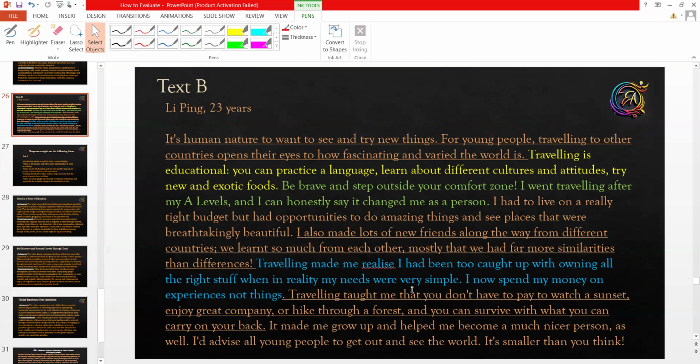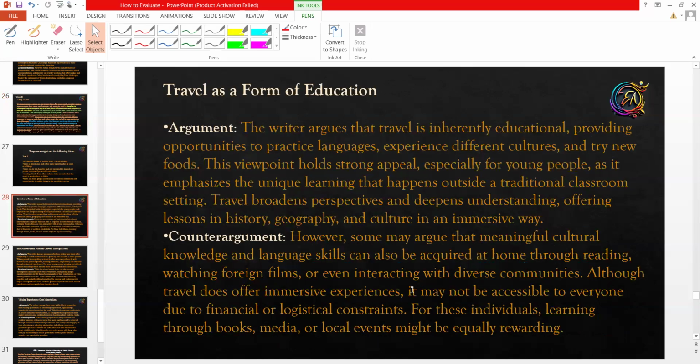For young people, traveling to other countries opens their eyes to how fascinating and varied the world is. Traveling is educational. You can practice a language, learn about different cultures and attitudes, try new and exotic foods. Be brave and step outside your comfort zone. I went traveling after my A levels, and I can honestly say it changed me as a person. We'll just restrict to this and read out what this says.